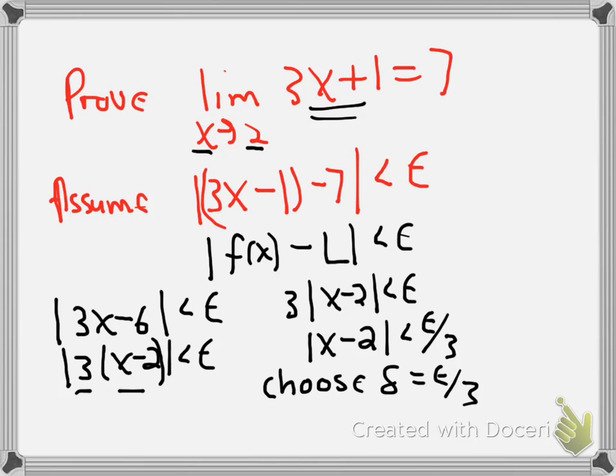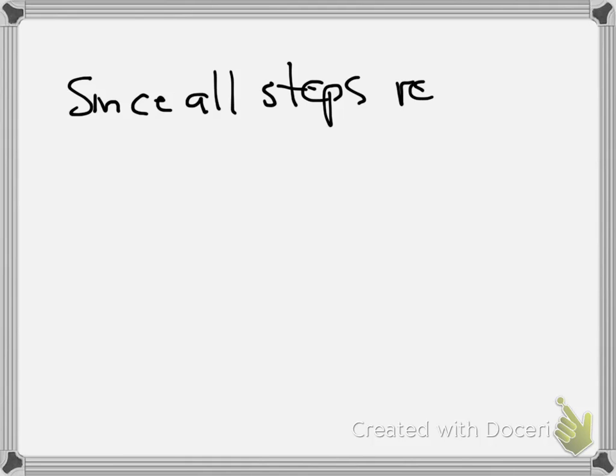And since every step of this proof reverses, I have to go to a new page, we will write since all steps reverse. Which means you can reverse factoring by distributing, you can reverse multiplying by dividing, or adding by subtracting.